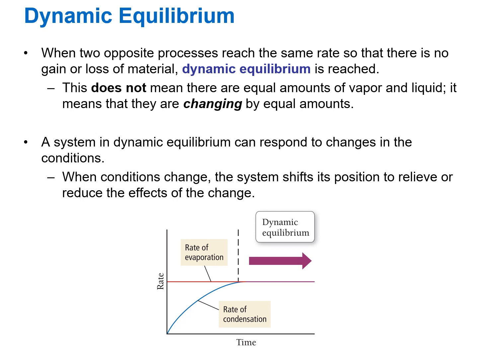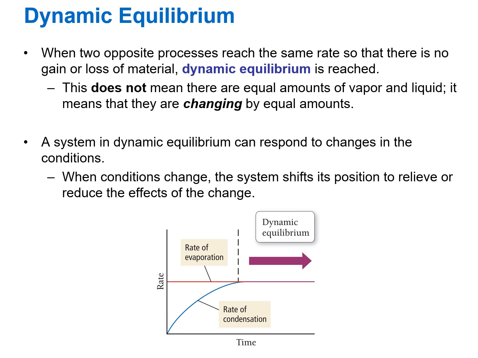So, for example, if you had a system existing in a vapor-liquid dynamic equilibrium and you were to increase the heat of that system, then you would have a shift where the new equilibrium would be reached when there's more vapor than there is liquid. If you were to take that same system and chill it, then eventually it would reach a dynamic equilibrium where there was more liquid than vapor.